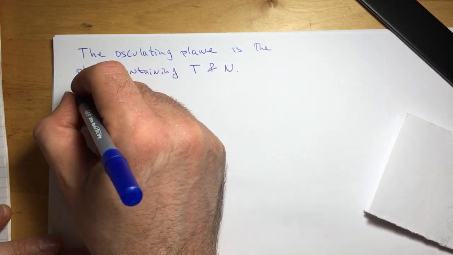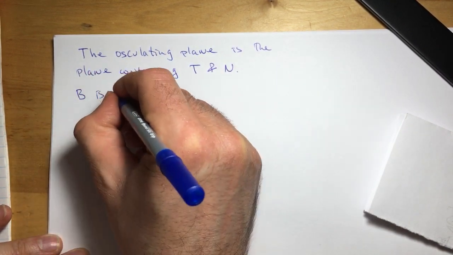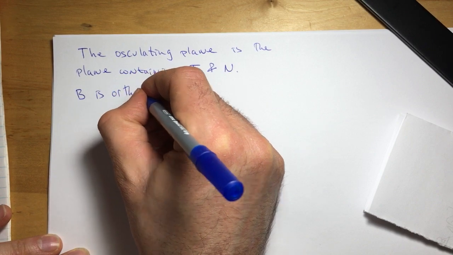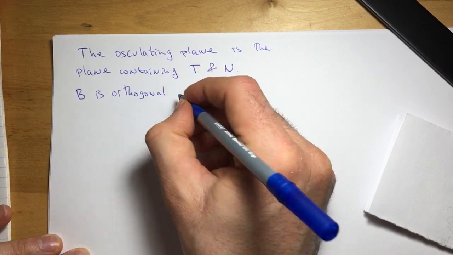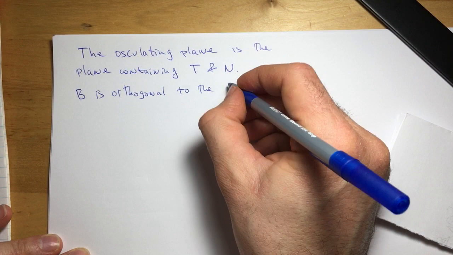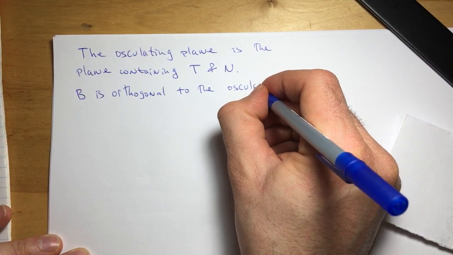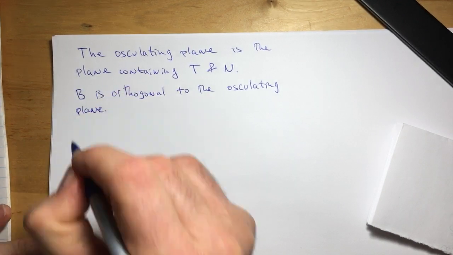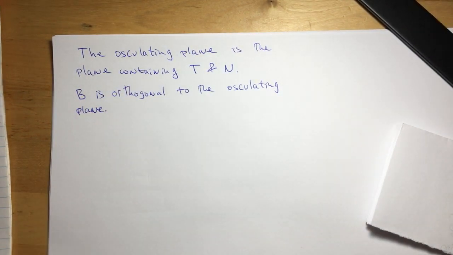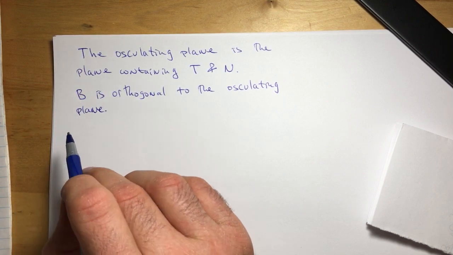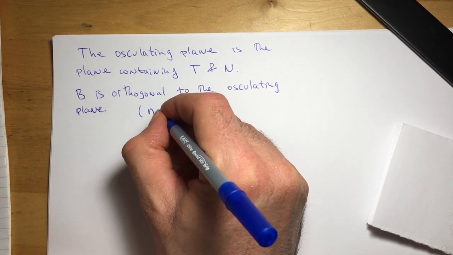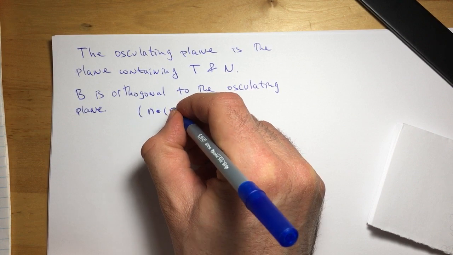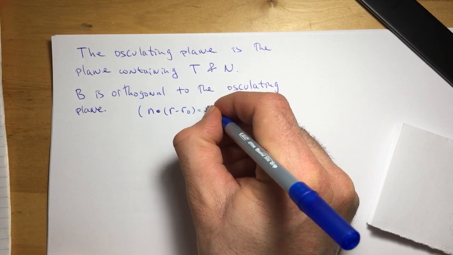This means that the binormal vector is orthogonal to the osculating plane. Now, if you want to find the osculating plane, B is going to be that n dot product r minus r naught is equal to 0.